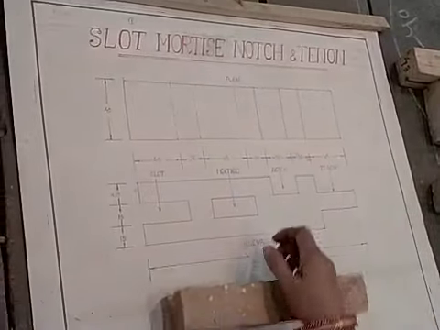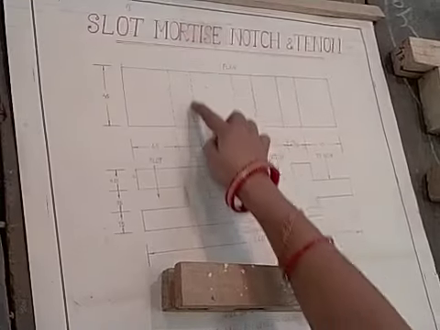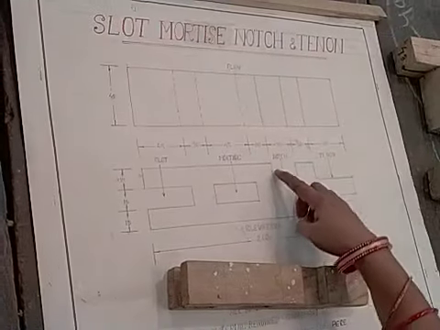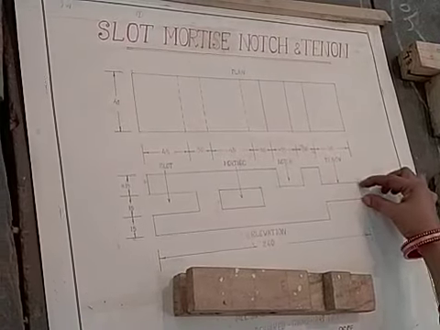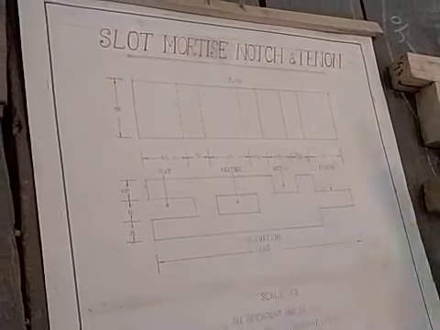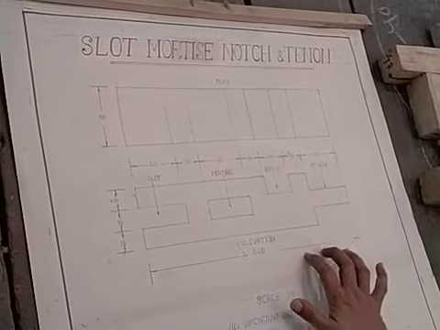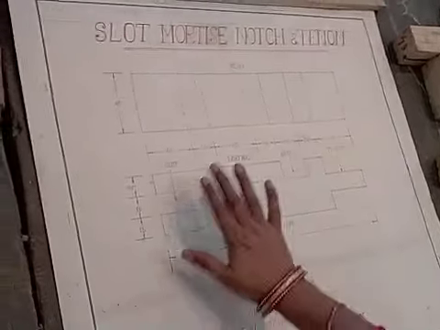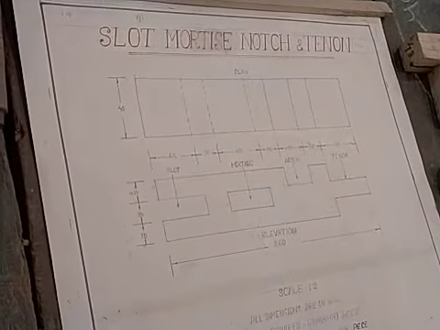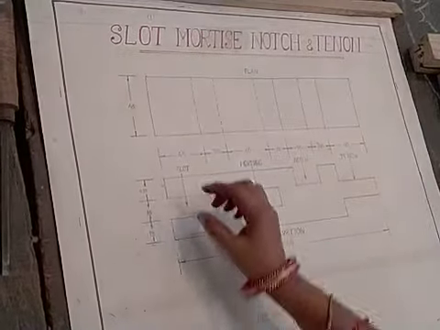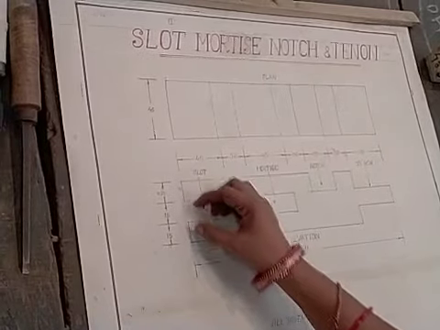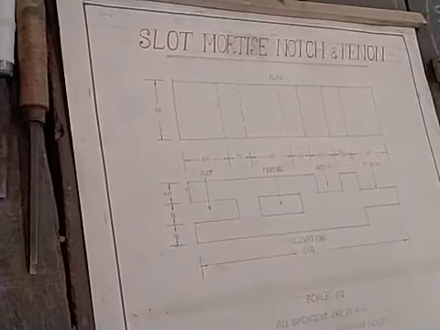So this portion is the mortise, then this portion is the notch and this portion is the tenon. So before showing you the actual practice, now you have understood these figures, and you can see the dimensions are given in millimeter.